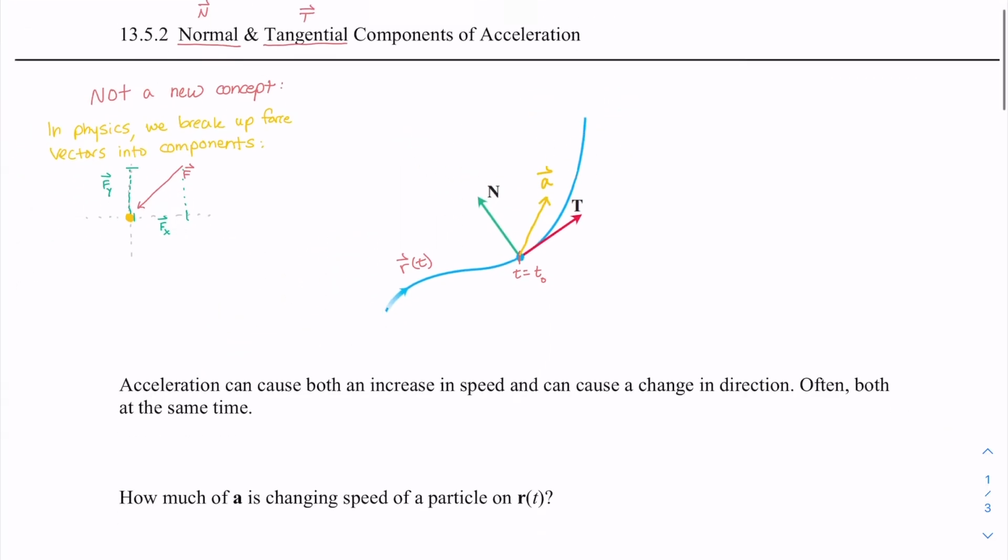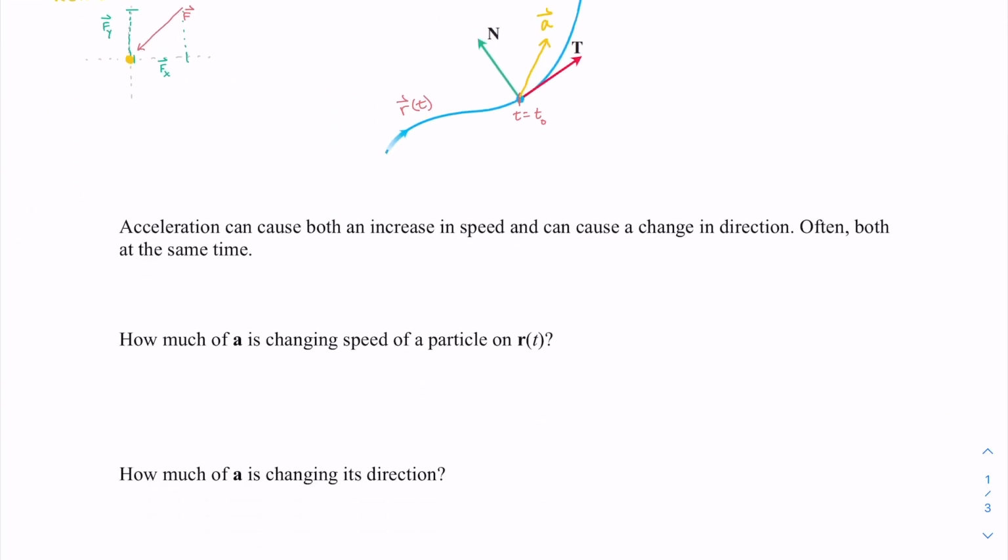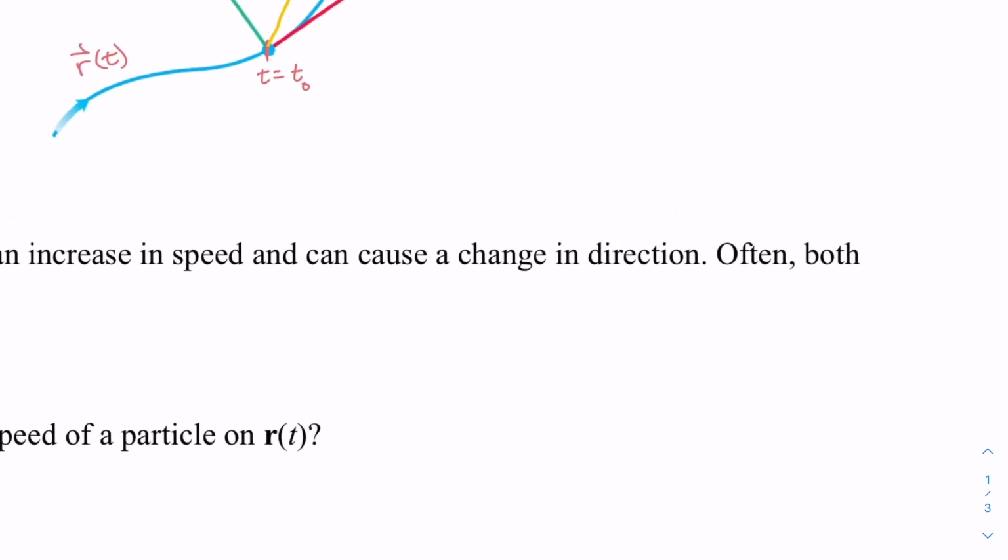And so acceleration can cause an increase in speed, that's the context we're normally used to thinking about acceleration in, a change in speed. But it can also cause a change in direction. And that is also from physics.